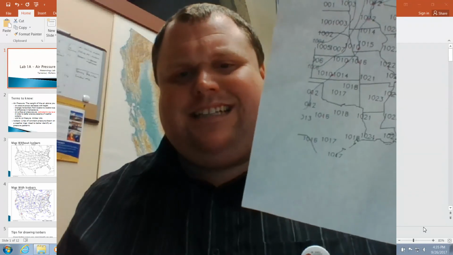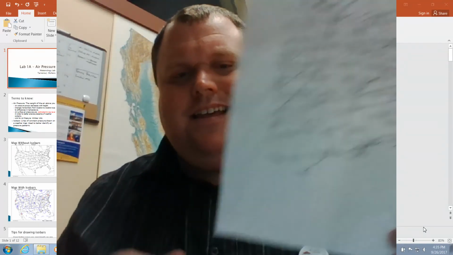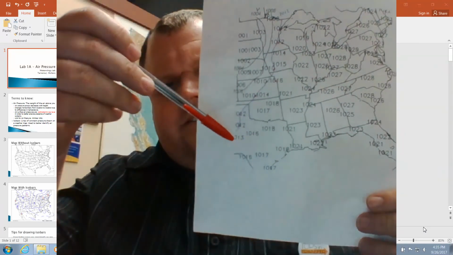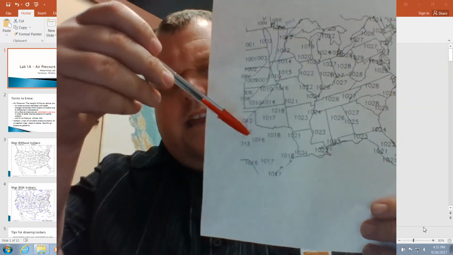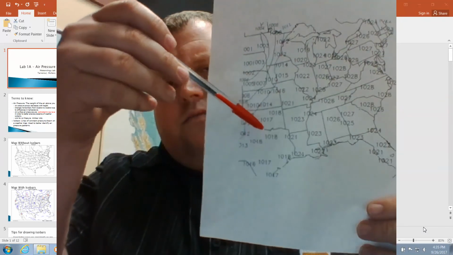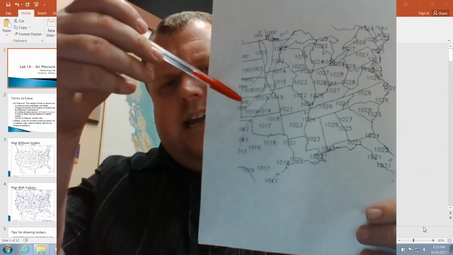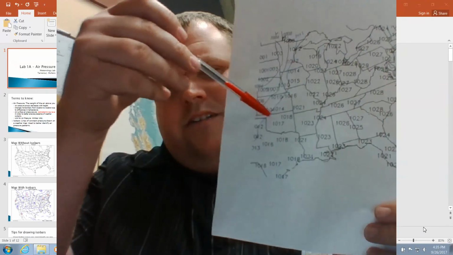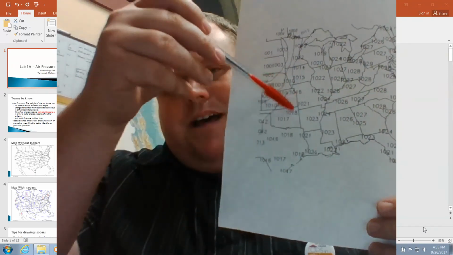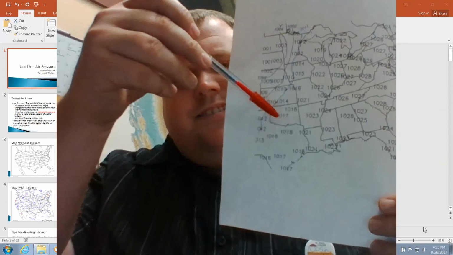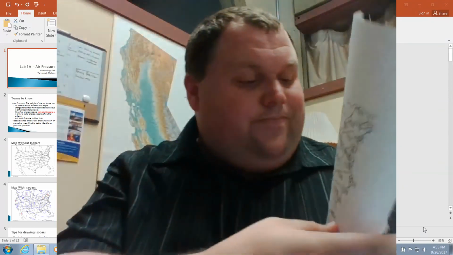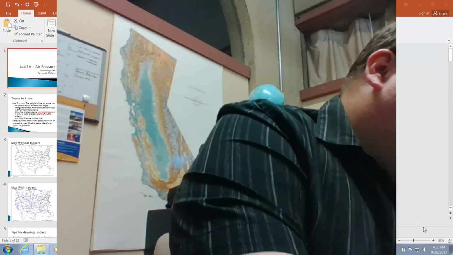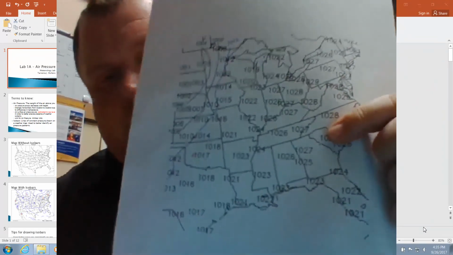So let's do that. So first, we have a place right here where everything on this side is closer to 1012. Everything on this side is above 1016. So I'm going to bet that there's probably a place right here where it's 1016.